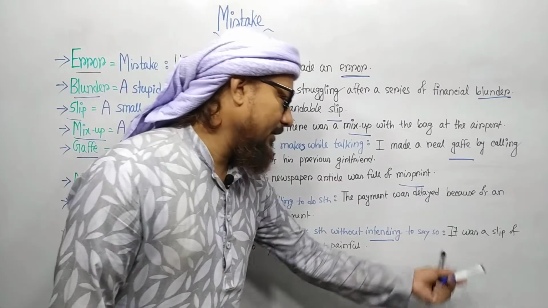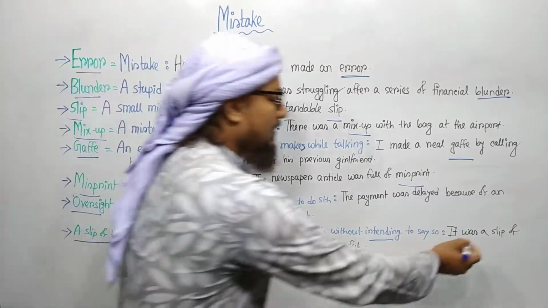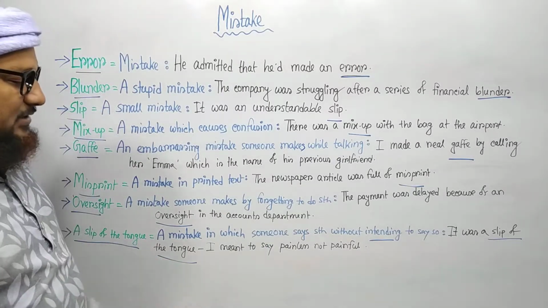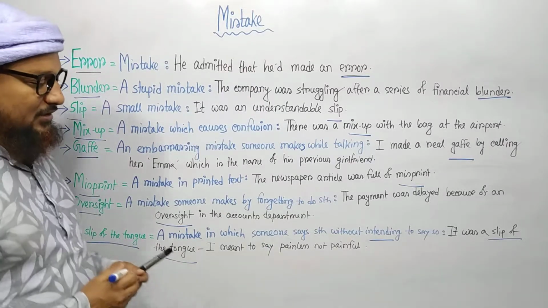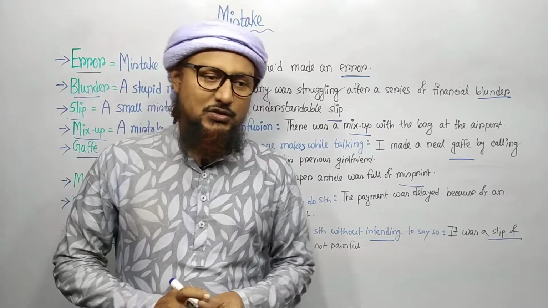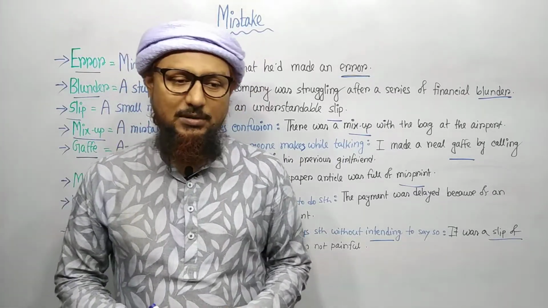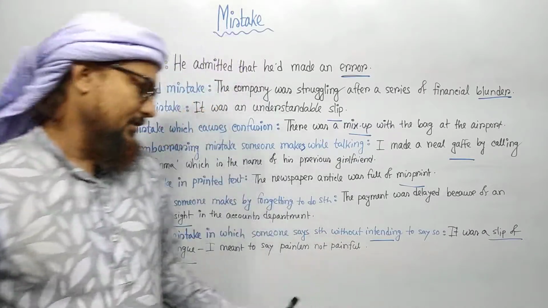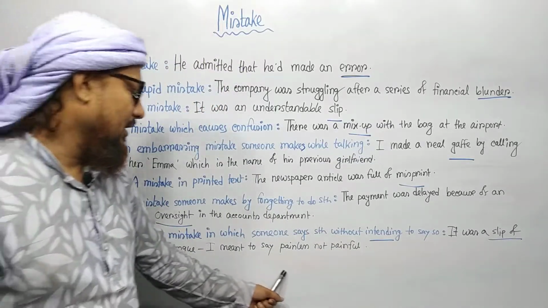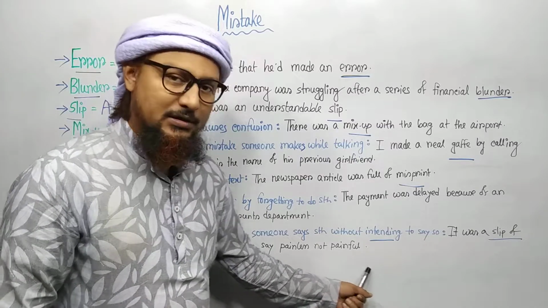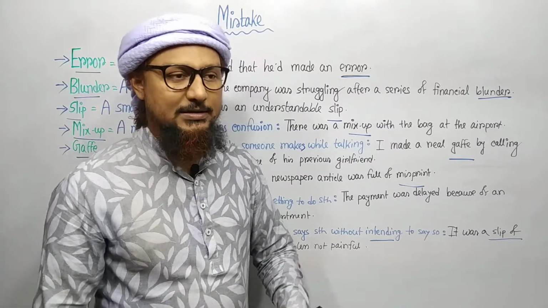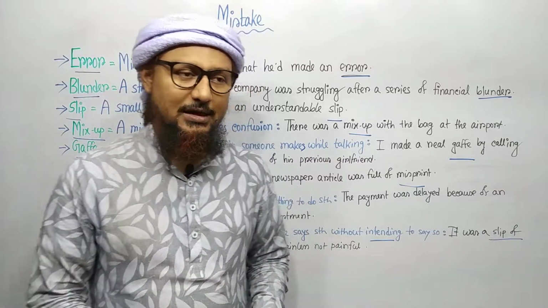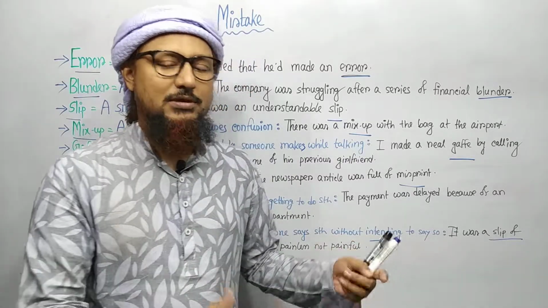An example: it was a slip of the tongue. I meant to say painless, not painful. So you were talking about maybe taking an injection, and you were giving courage to your younger brother.